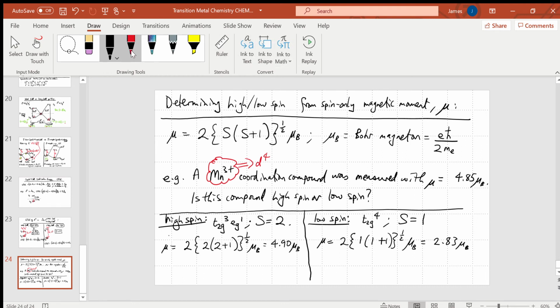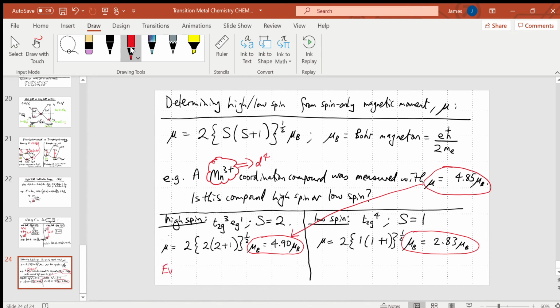So to answer the question, if these are the theoretical outcomes, and this is experimentally what was actually observed, then clearly it points towards that outcome.